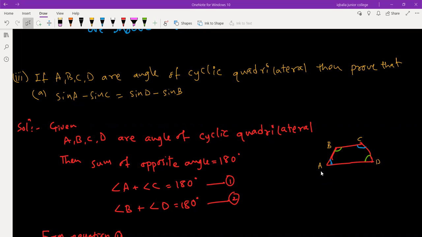Suppose here I made one diagram, you can see here. This is the quadrilateral.